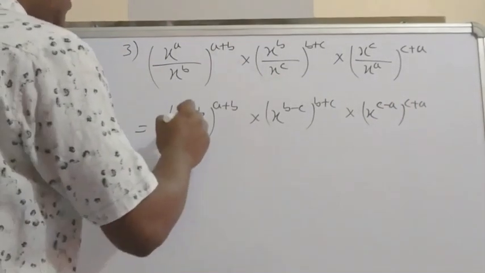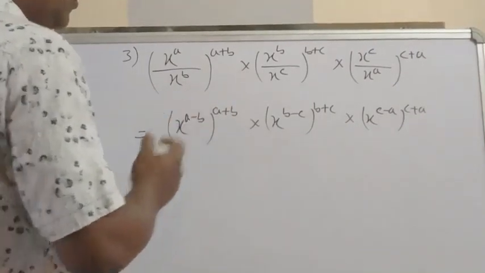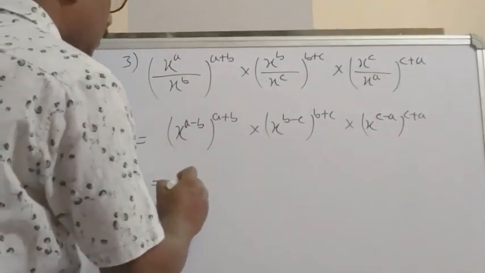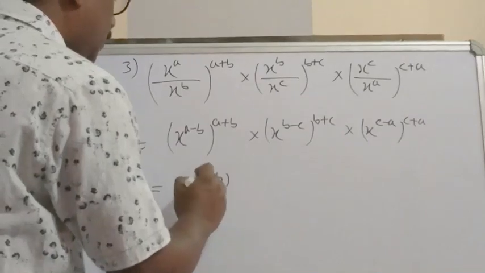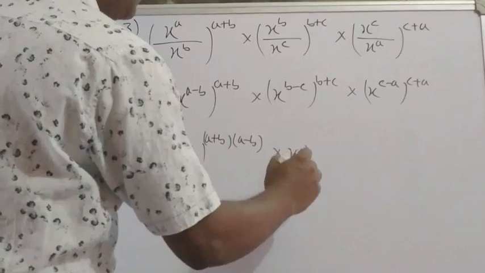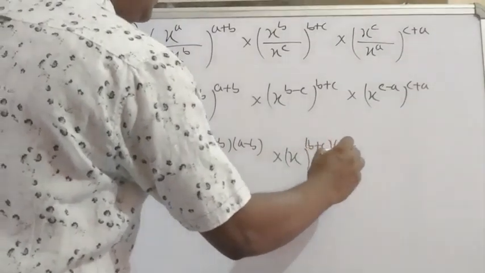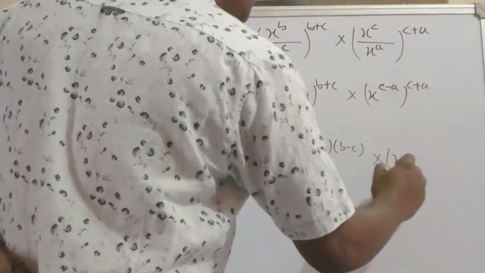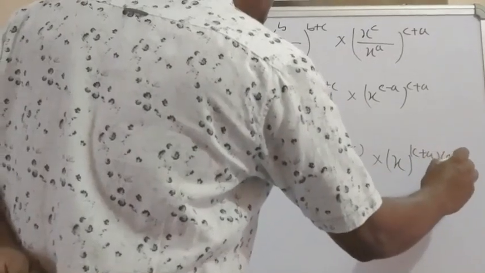So it becomes power to the power. Both two powers are given. What does the formula tell? We have to multiply the power. So multiplying, x to the power a plus b into a minus b, into x to the power b plus c into b minus c, into x to the power c plus a into c minus a.